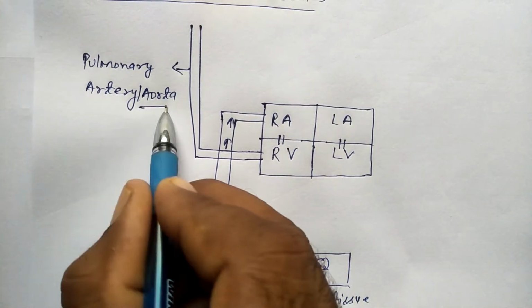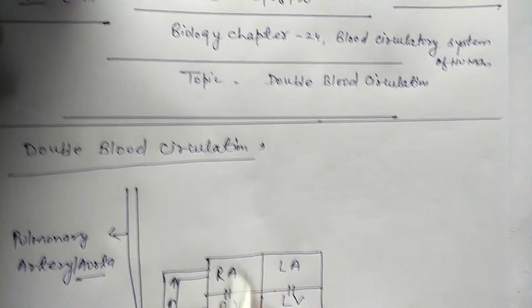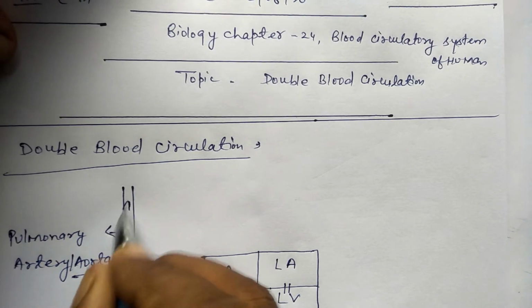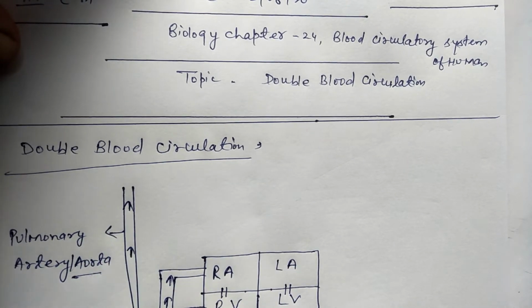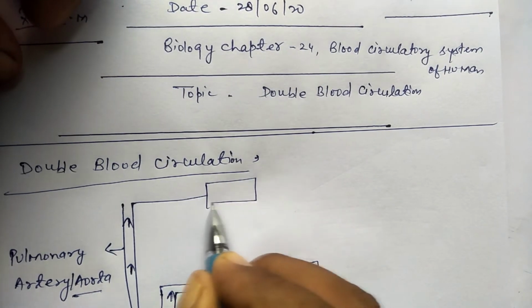And the human's largest artery is the aorta. So impure blood is carried by the pulmonary artery to the lungs.